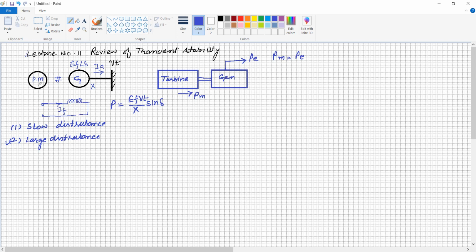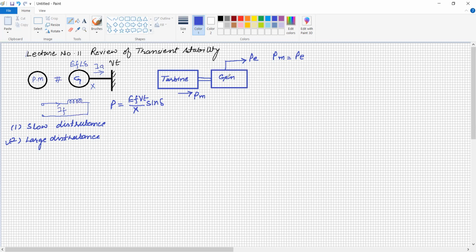Now suppose suddenly the load on the generator is increased, or the mechanical input of the generator suddenly increases. There is a change in speed, and hence an unbalance between mechanical input and electrical output. Because of this unbalance, there may be acceleration or deceleration.